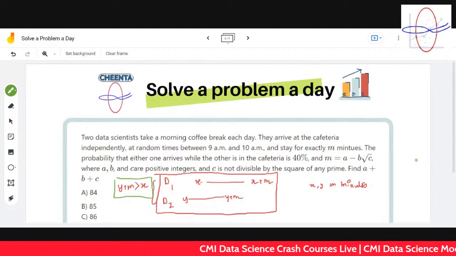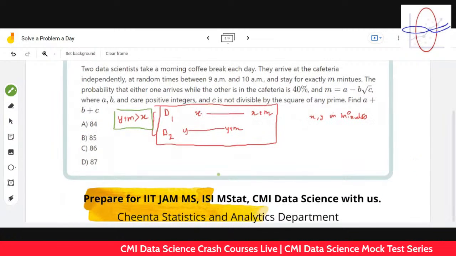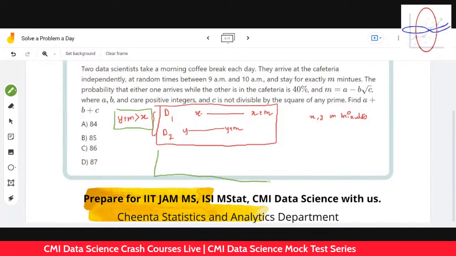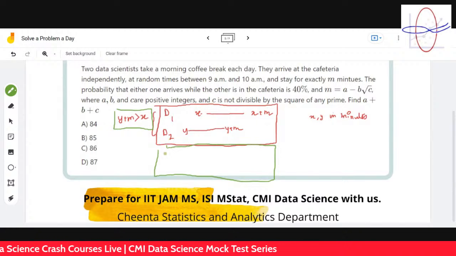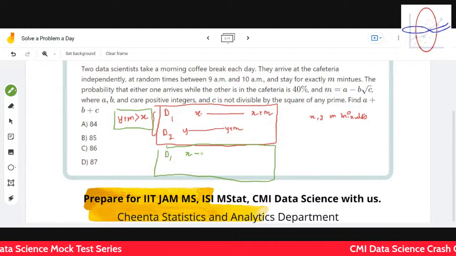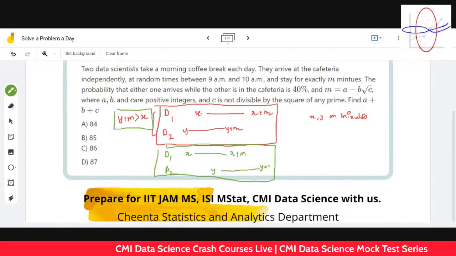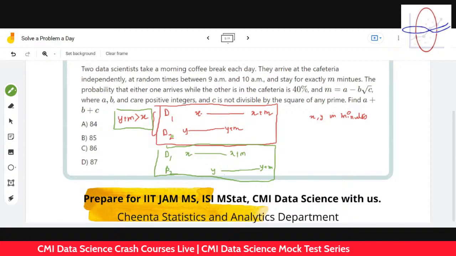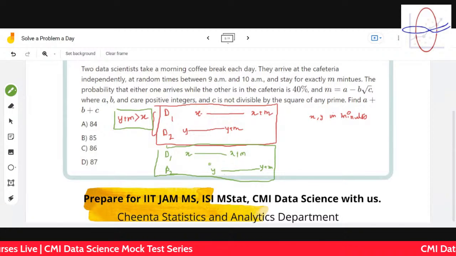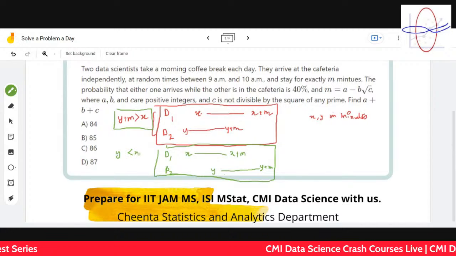The other case is, what if the other way around happens? Let's say D1 arrives earlier and stays till X plus m, and D2 arrives later on. This can also happen when they meet. So here D2 comes first, then D1; here D1 comes first and then D2. In this case, it's the same as saying that Y is less than X plus m.